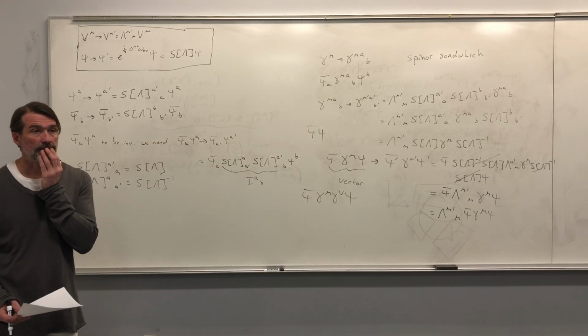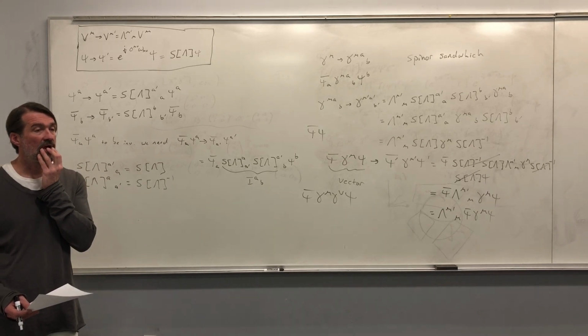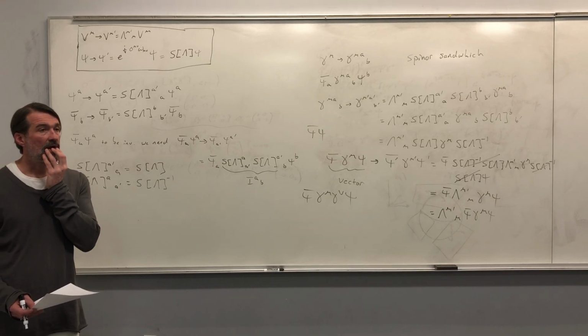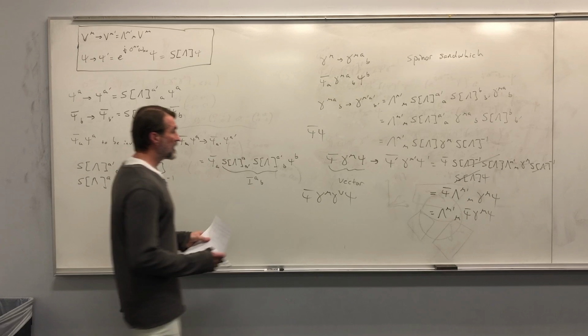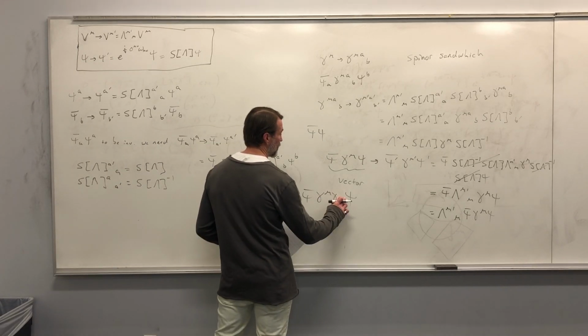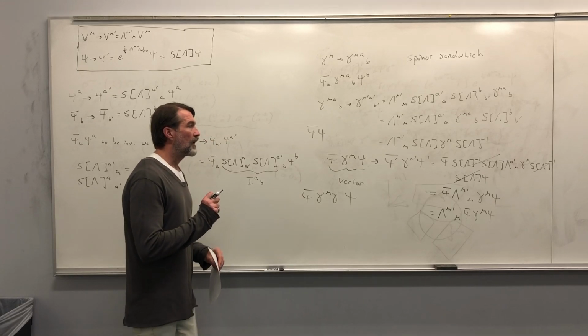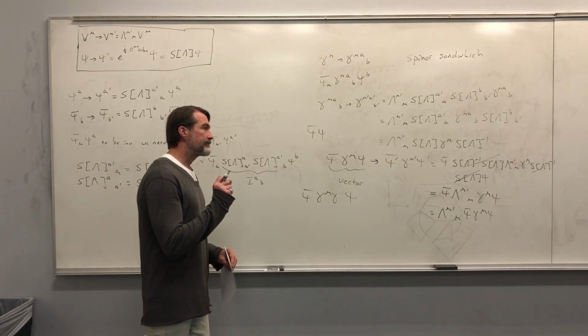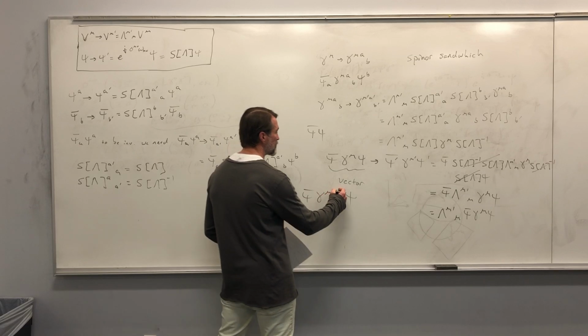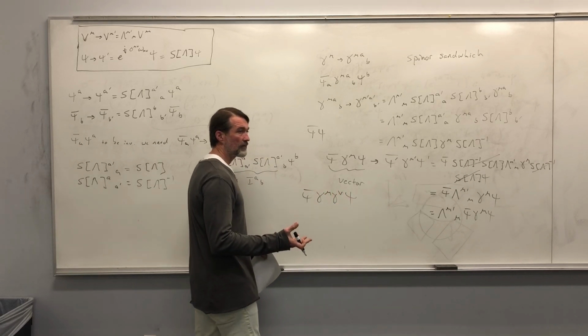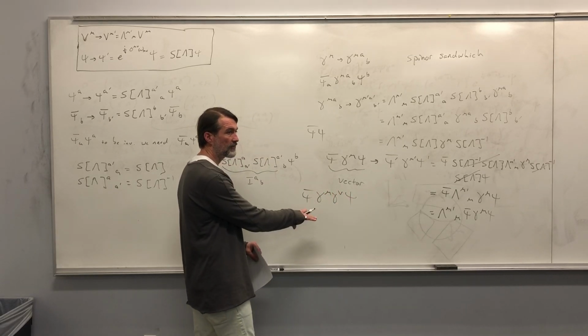If you had a sandwich like an upper and a lower, would that make a 1-1 tensor? Well, it depends. The gamma mu and the gamma nu only have upper indices, so you don't lower their indices.